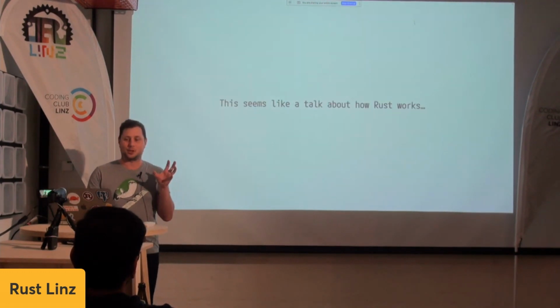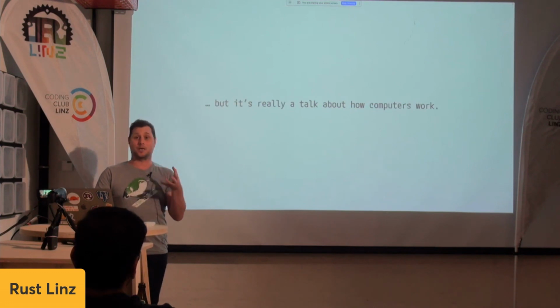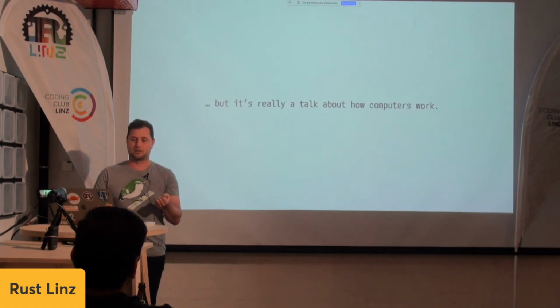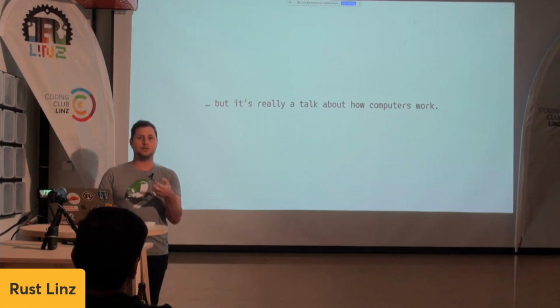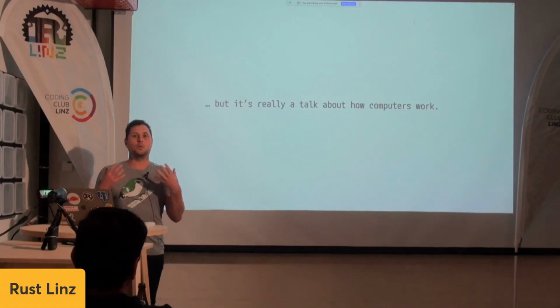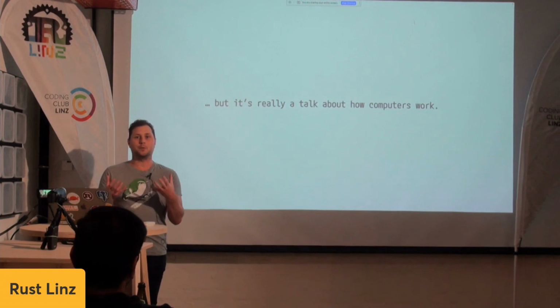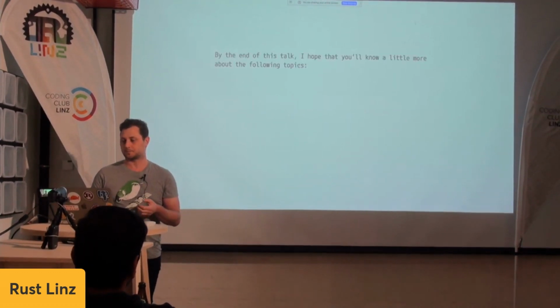Okay, so this seems like a talk about Rust, but actually, it's really a talk about computers, because this talk will only make sense if we explain not just the syntax of box and referencing and dereferencing, but also what those mean and what a computer is doing when it applies those operations.